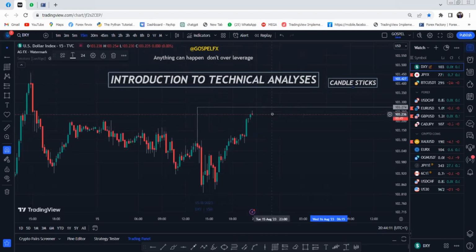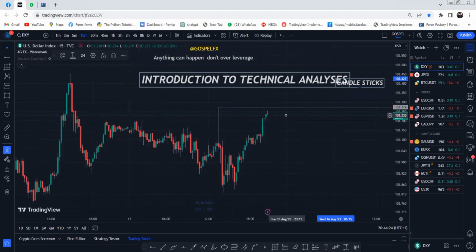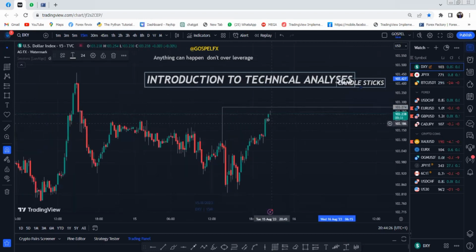These advanced features can be seen only on TradingView. You cannot easily see them on MetaTrader 4. You just have lines. There's no way to write text or annotate your charts.